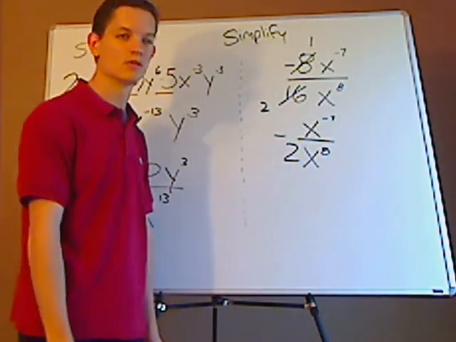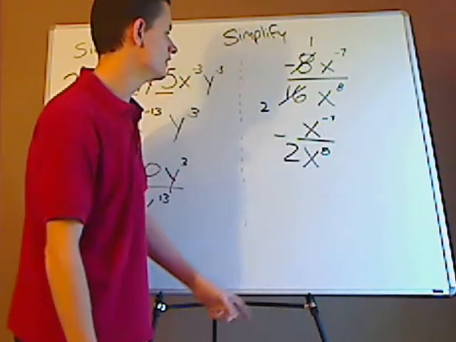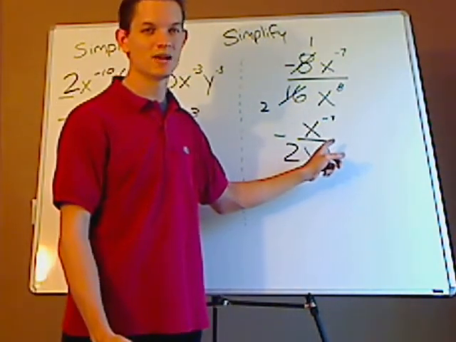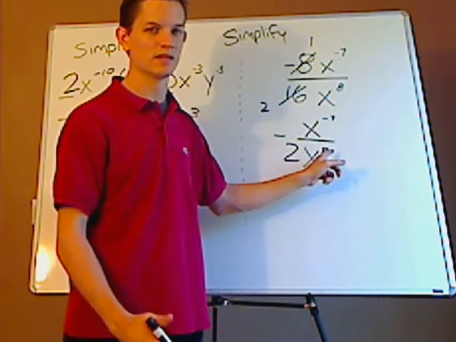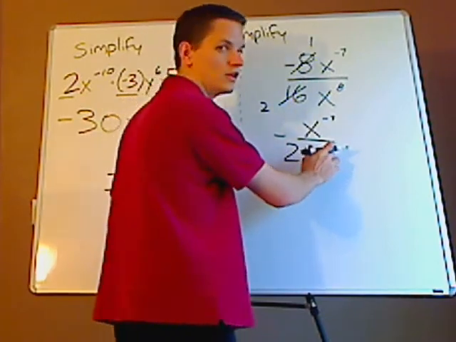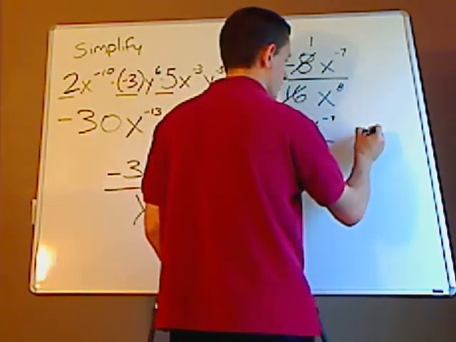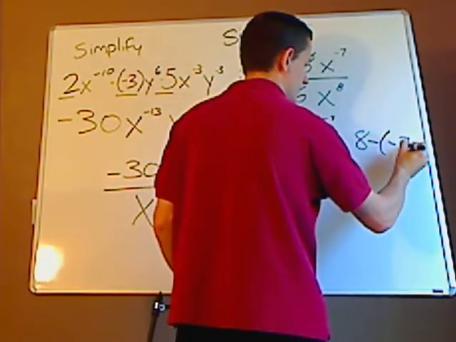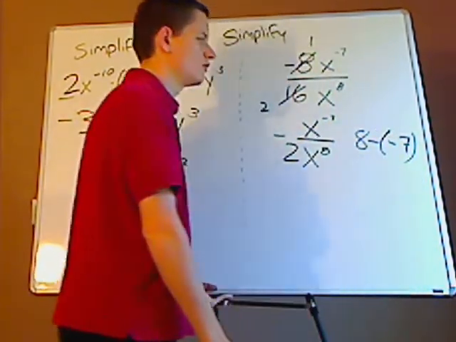Now next you want to subtract because you're dividing. Now, since you're dealing with a negative number, sometimes you might have to write it out because the negative sign confuses some students. So always start with the greater one, so that's going to be on the bottom. So you have 8 minus a negative 7, right?